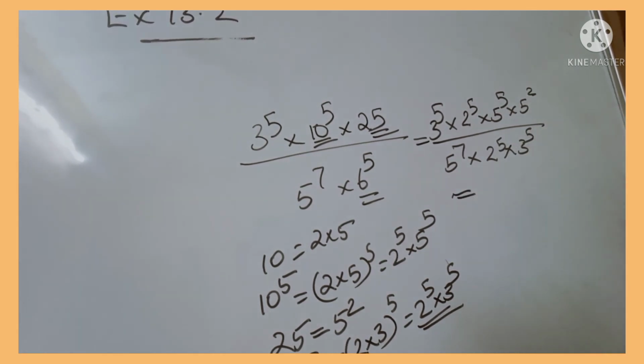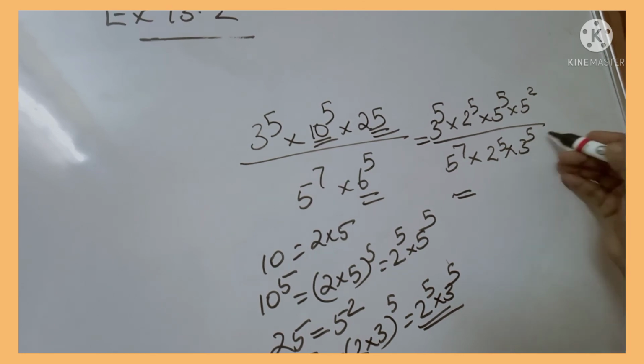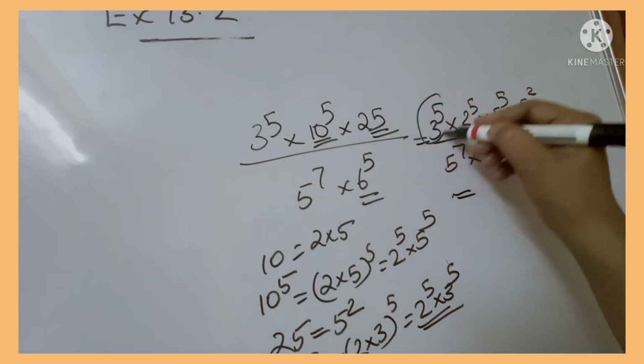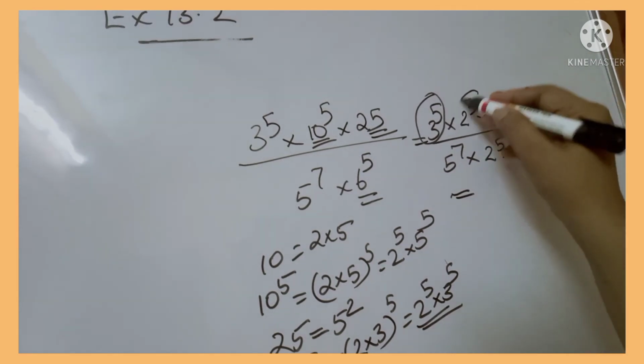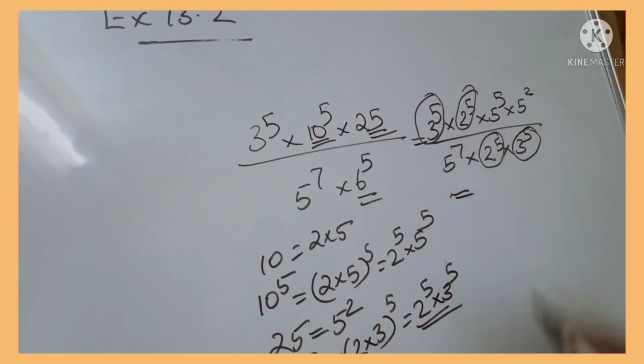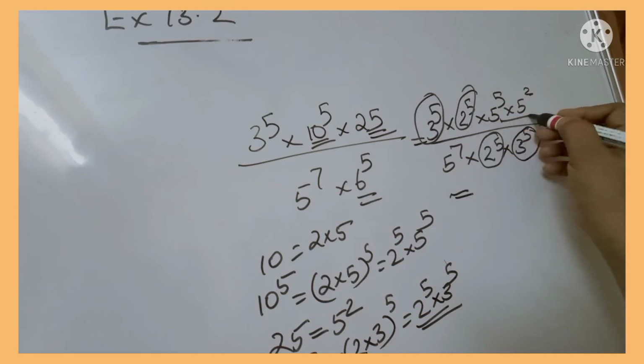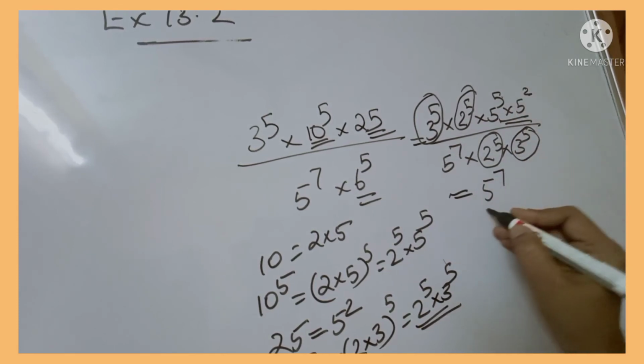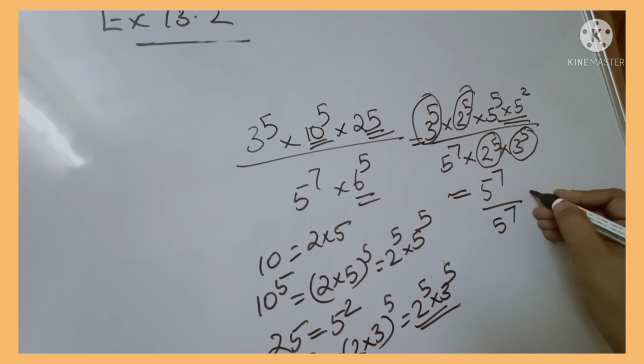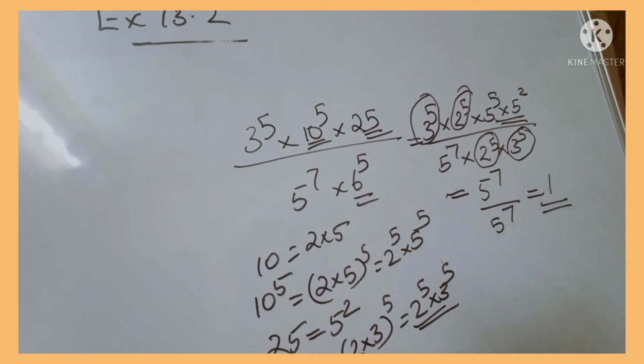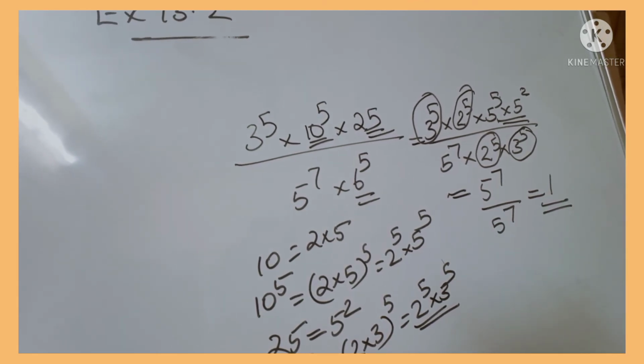Then here any numbers we can cancel. Here 3 raised to 5 and 3 raised to 5 we can cancel, and 2 raised to 5 and 2 raised to 5 we can cancel. Then what is in the numerator? That is 5 raised to 7 plus 2, 7, by 5 raised to 7. So at last we got the answer as 1.